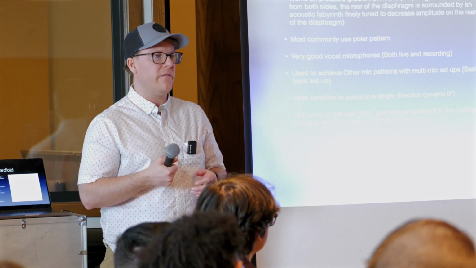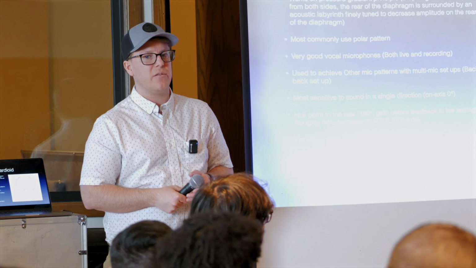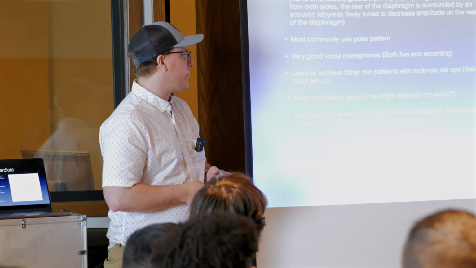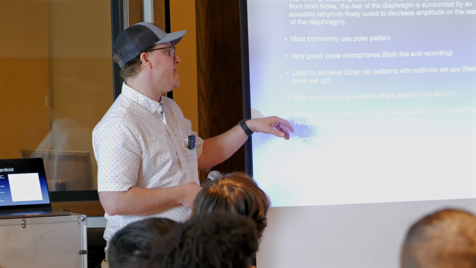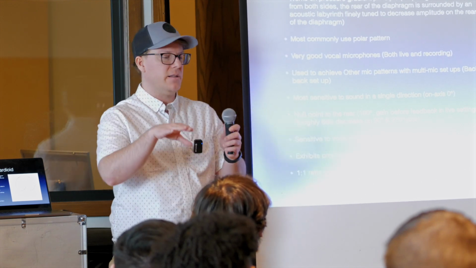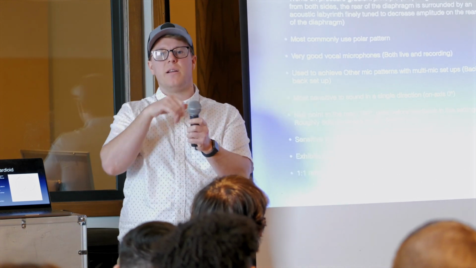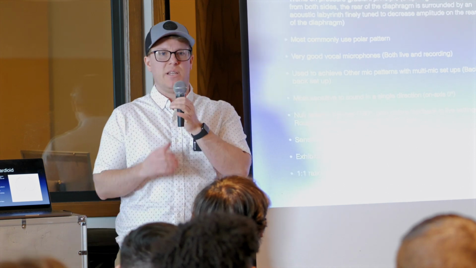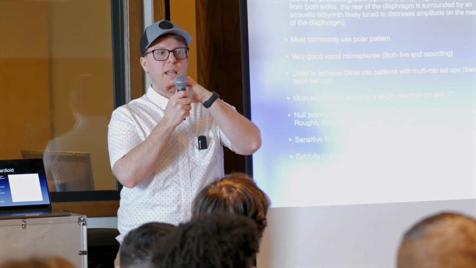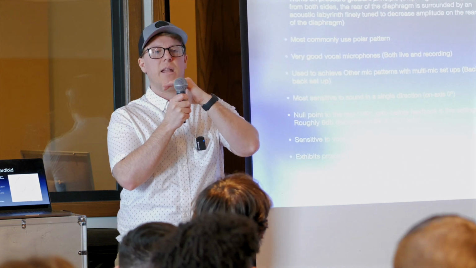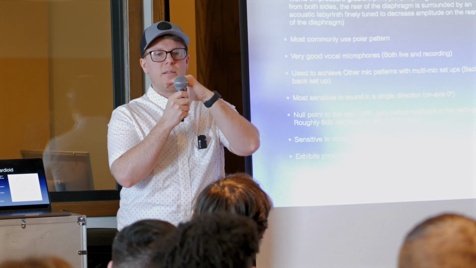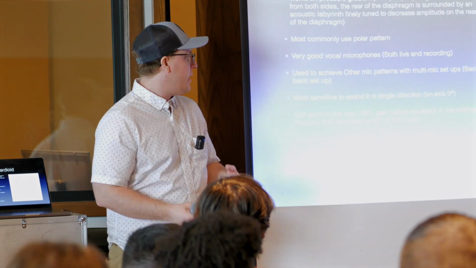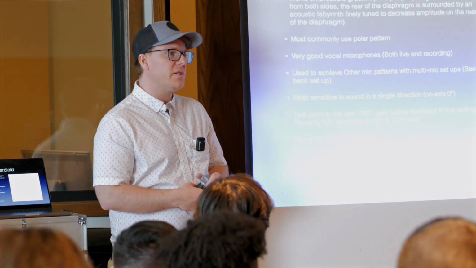So there's a lot of gain before feedback on these microphones, which makes them great for live. And then you get roughly a 6 decibel decrease on the 90 and 270 axis. So kind of like here and here. That's why you don't want a vocalist singing like this, because you get that dB decrease at this angle, whereas like this, you're going to hear the full volume of the sound. They are sensitive to vocal plosives.